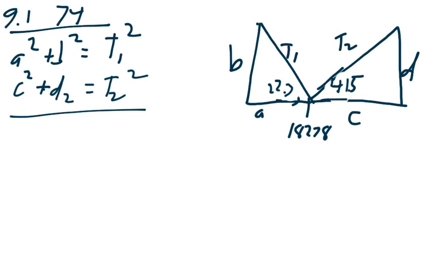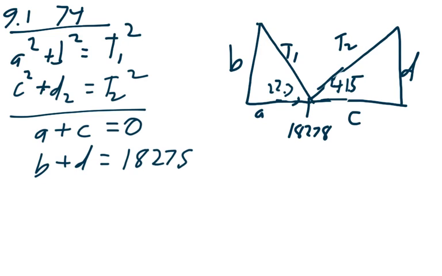I also know that a plus c has to be equal to 0, and I know that b plus d has to equal 18,278. And the reason why a plus c equals 0 is because the force doesn't go left or right, but the upward forces have to hold this box in the air.